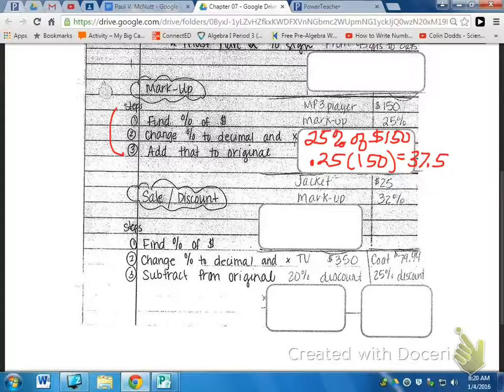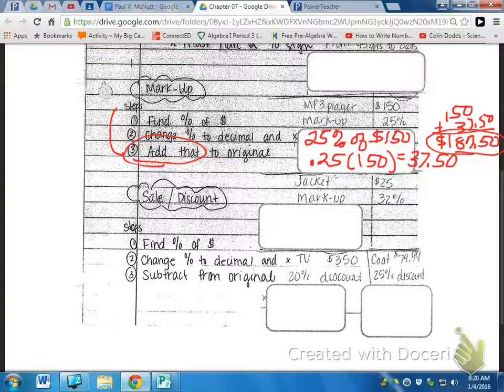In money, what does that really mean? $37.50. And since it is a markup and you add it on to the original, I'm going to have 150 plus 37.50. So after you mark it up, the price is going to be $187.50. That's what they would sell it for to make a 25% profit. $187.50. Do you have questions about that?